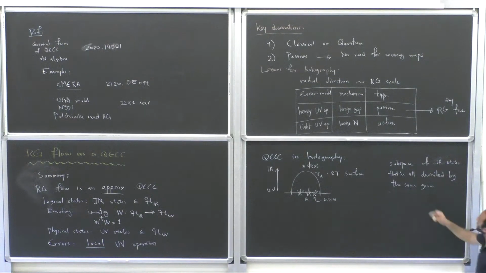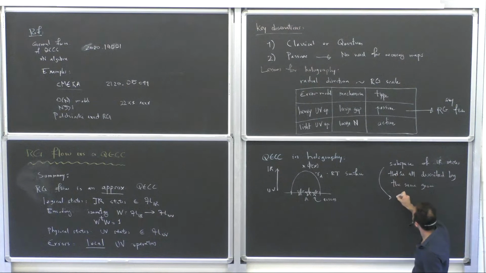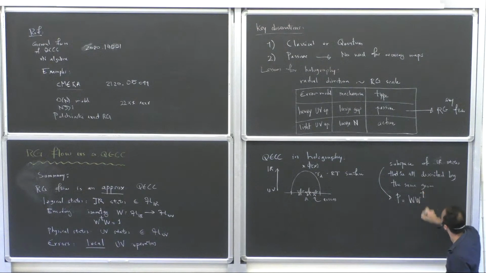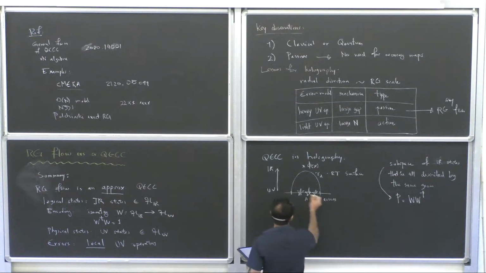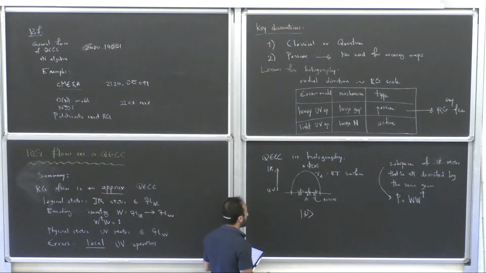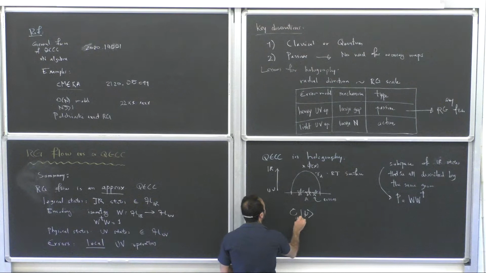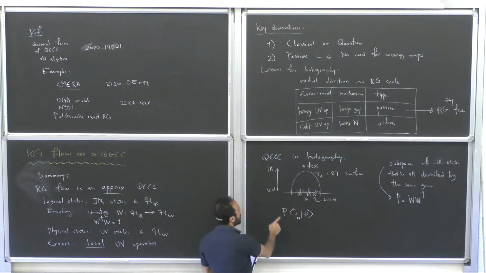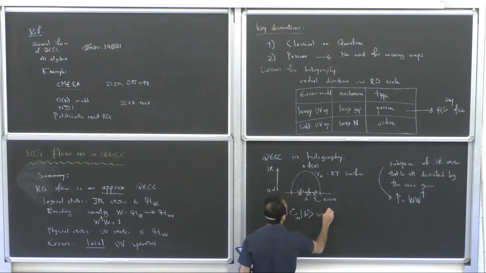And this subspace corresponds to some projection operator that I'm going to write as W W dagger. This W is the isometry we're talking about. What I mean by this is that if there's a geometry that is described by this state psi, and I act with some sort of UV operator and then project further using this projection, I basically get psi back.